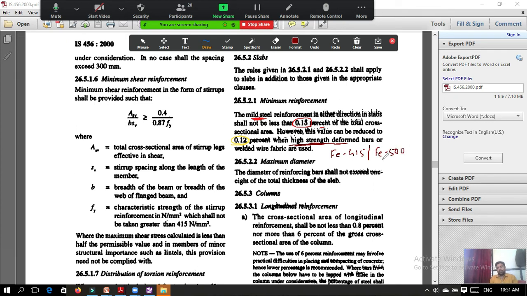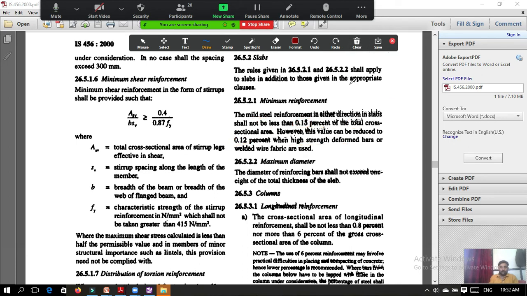For that, the percentage of steel given is 0.12% of the total cross-sectional area. Total cross-sectional area means the total depth; you need to consider the total depth, capital D.